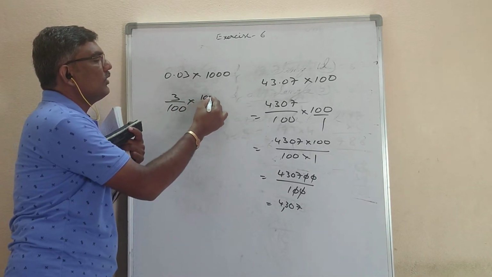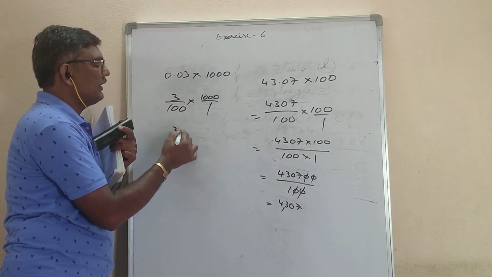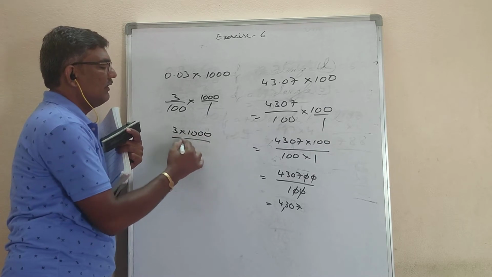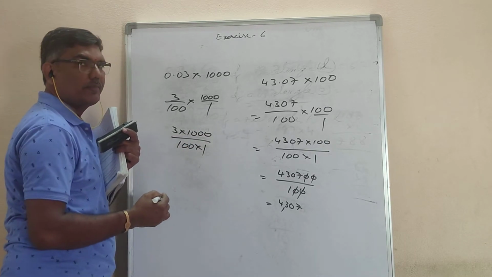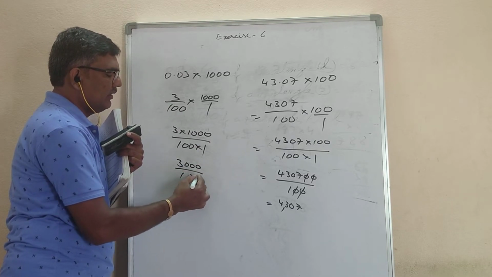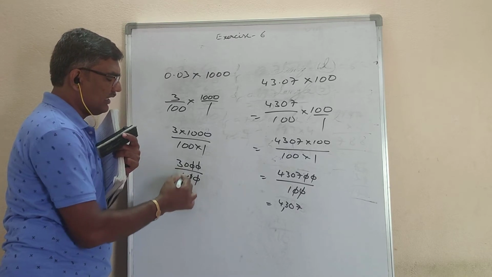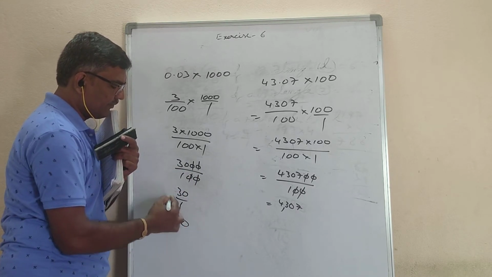And 1000 you can write as 1000 by 1. Two fractions, how to multiply? As I said, 3 into 1000 divided by 100 into 1. If you multiply, you get 3000 by 100. The zeros cancel. How much remains? 30 by 1 means 30 only.